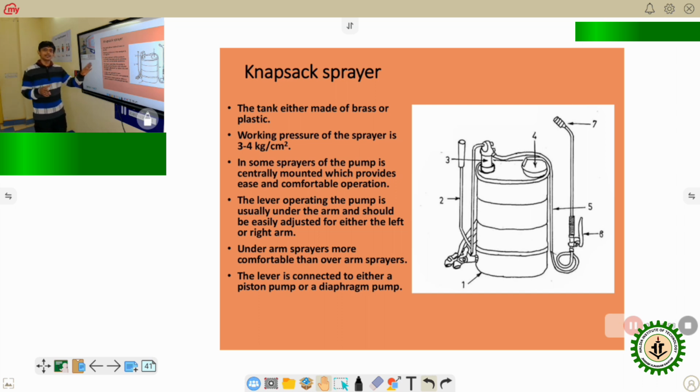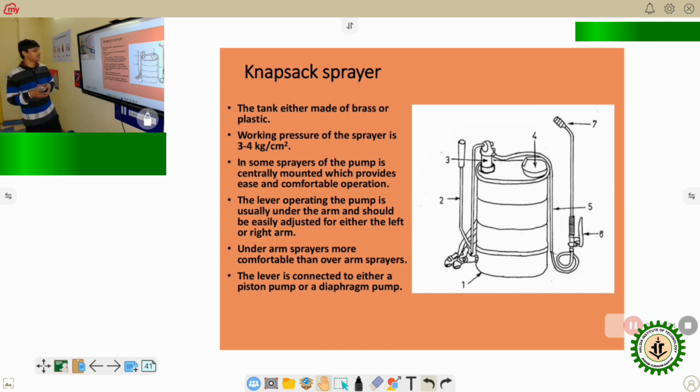That is why we generally select this type of material. Some sprayer pumps are centrally mounted, which provides comfortable operation, and there is a lever which adjusts the flow and regulates the pressure also.